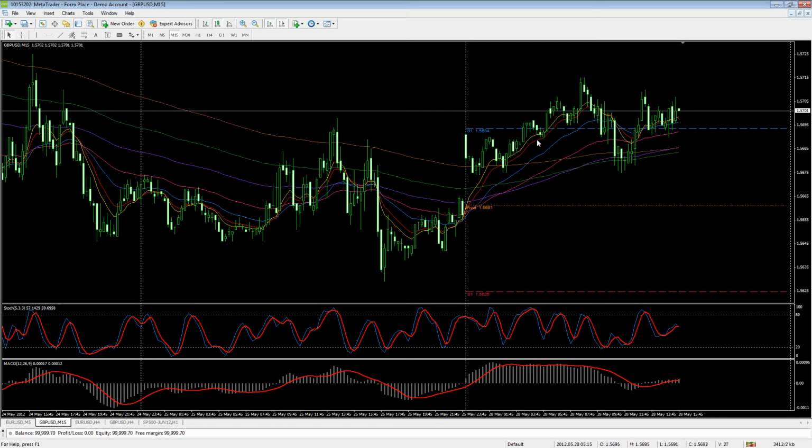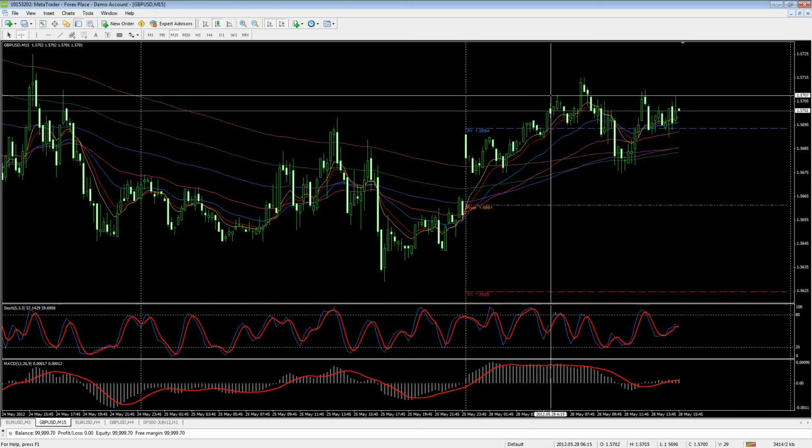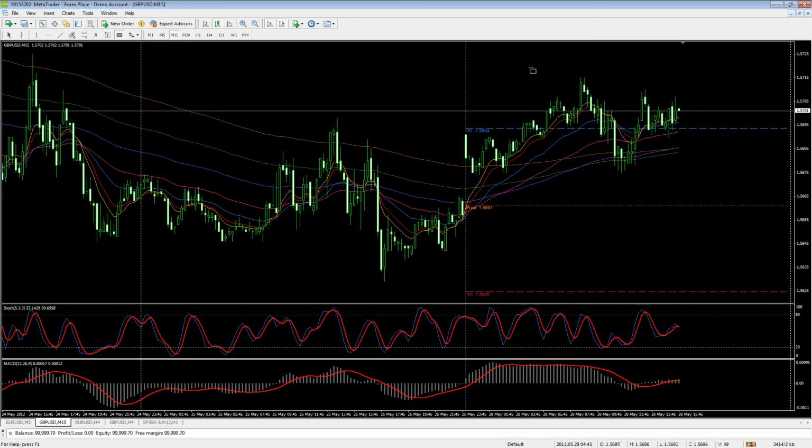Let's say you enter anywhere, it doesn't matter where, and you see the price stop around here and around here. How will you know when the price might turn around against you? How do you know this area is just a small retracement, but this one might be a longer retracement?